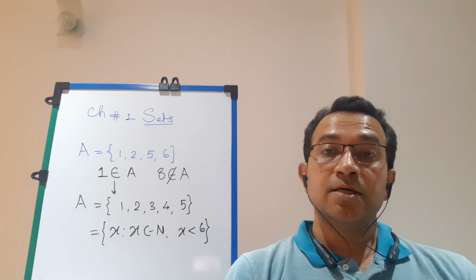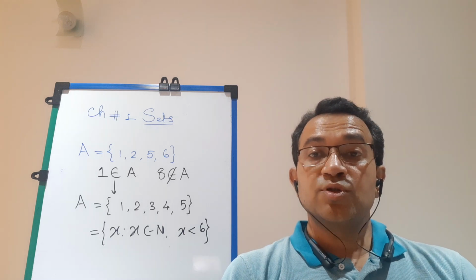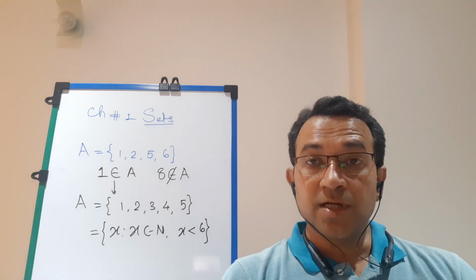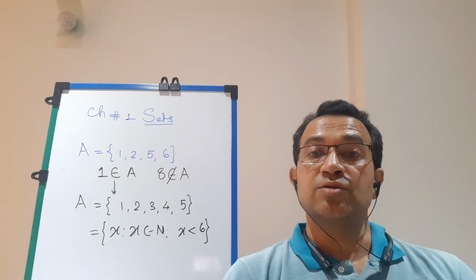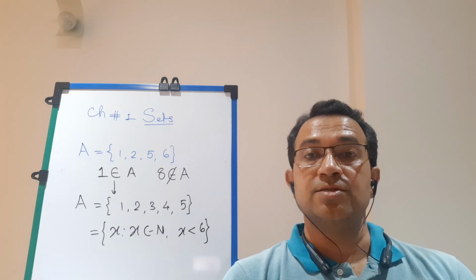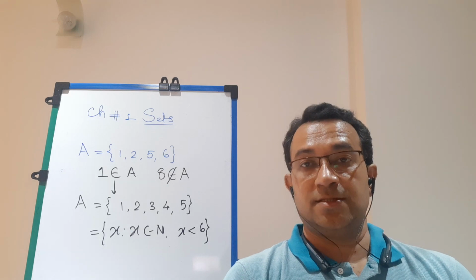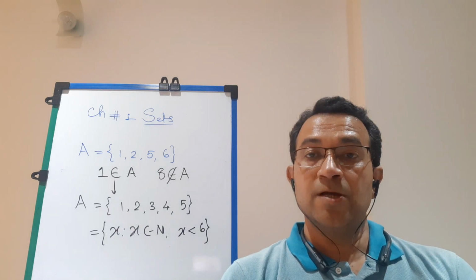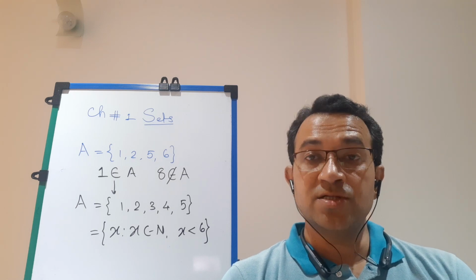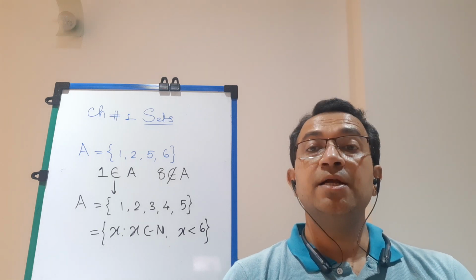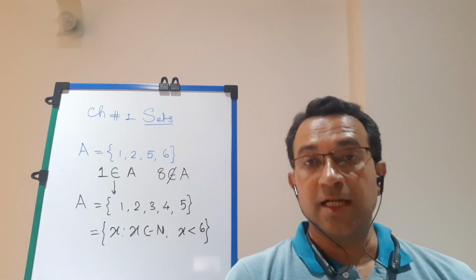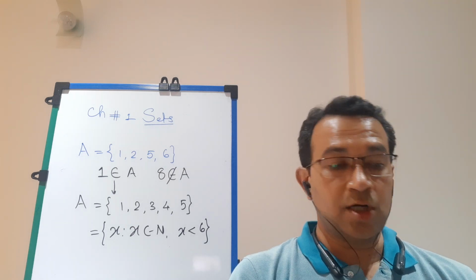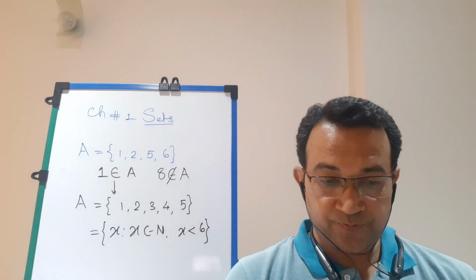So here the items or objects, the writers, are not well defined. So this collection, students, is not a set, because the views may differ from person to person. So the elements do not remain constant. The elements are not well defined. So this collection is not a set.